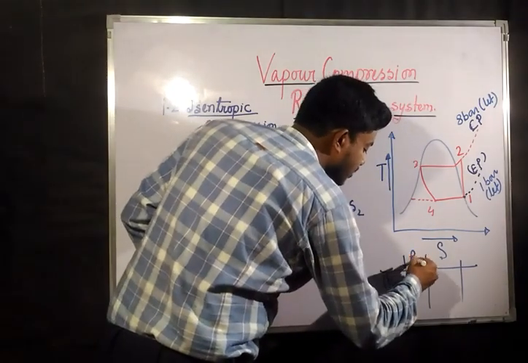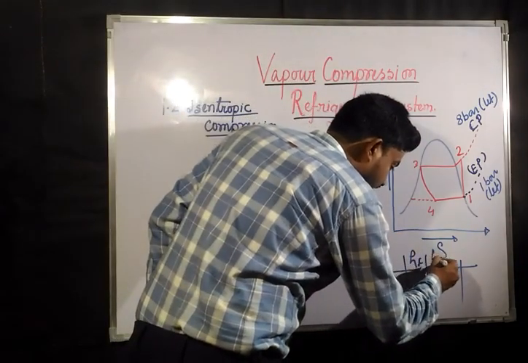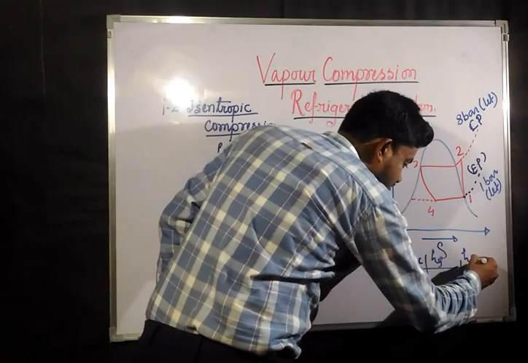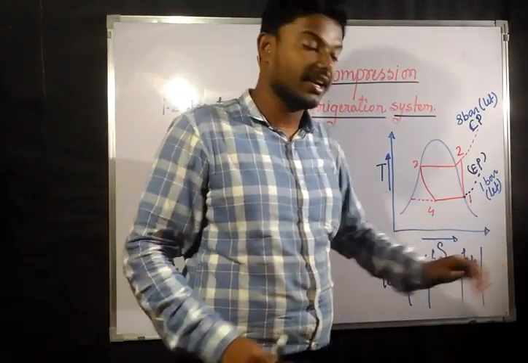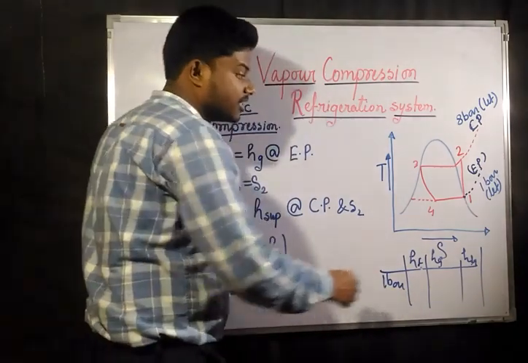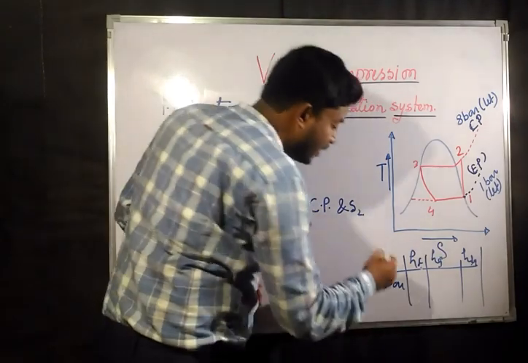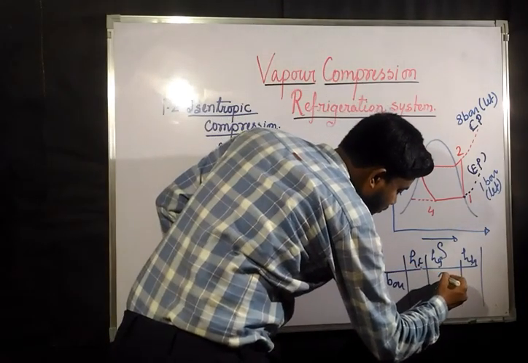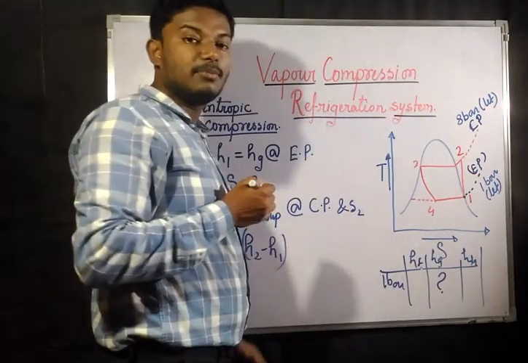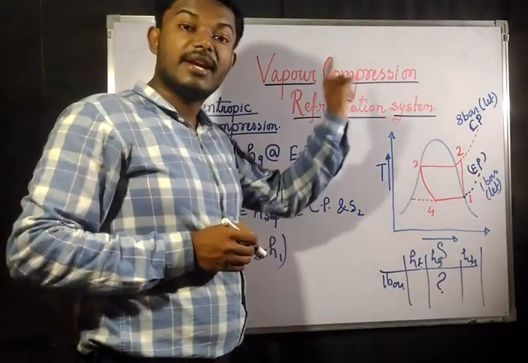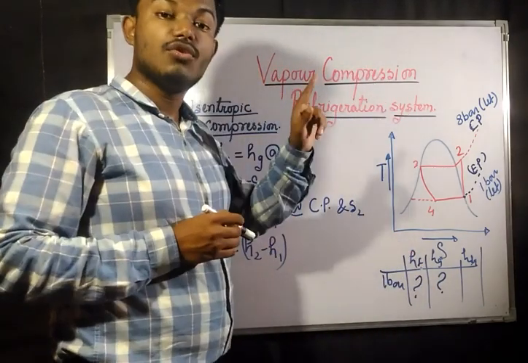At that pressure you are going to find Hf, Hg, Hfg, similarly Sf, Sg, Sfg, everything. At 1 bar pressure, this is the constant pressure line on the vapor dome. What is the value of Hg? That is nothing but the enthalpy at point 1. Hg is the enthalpy on the gaseous line, and Hf is the enthalpy on the fluid line.